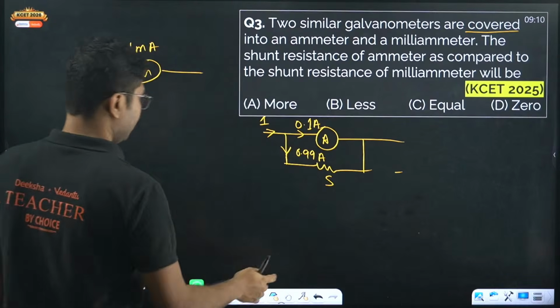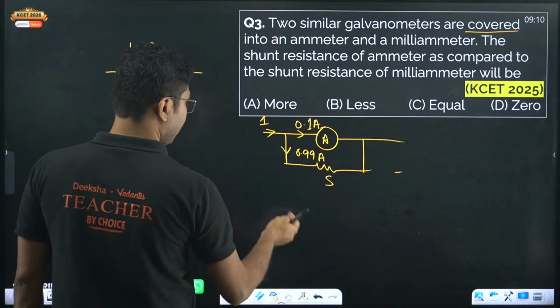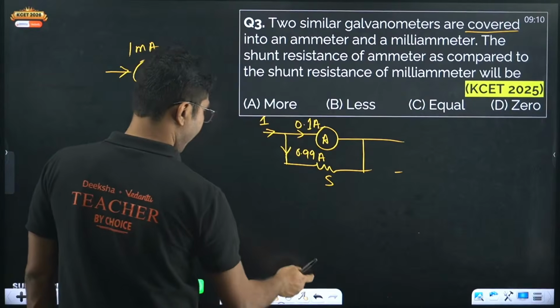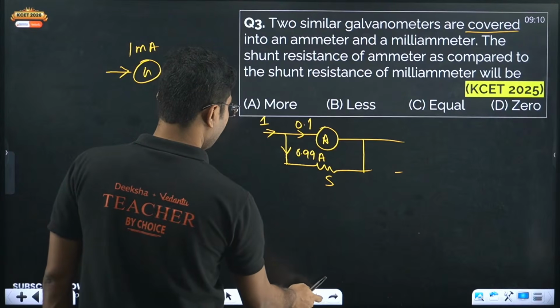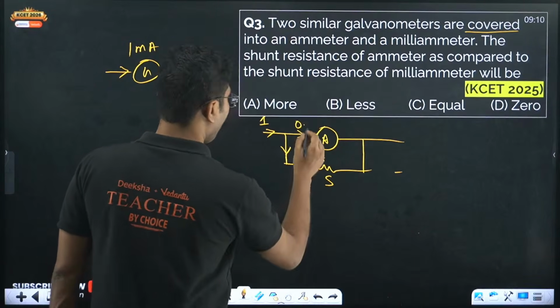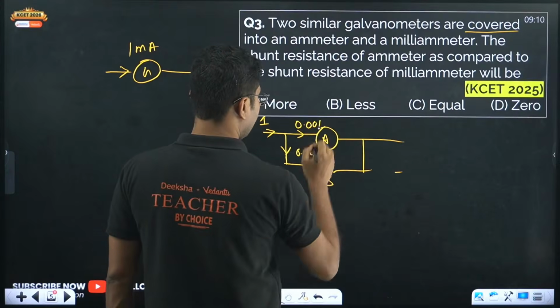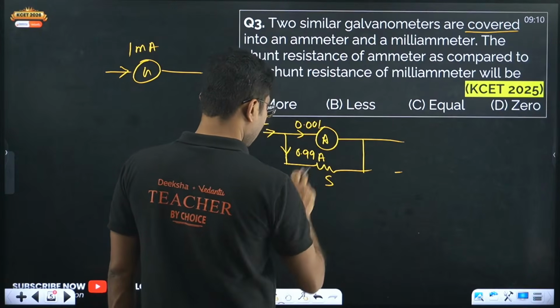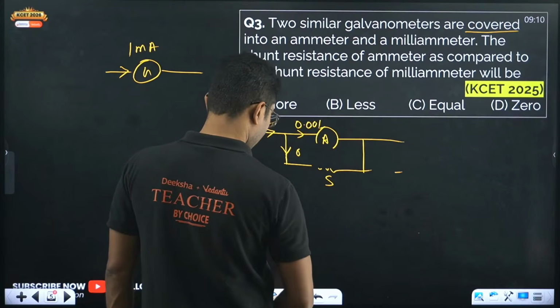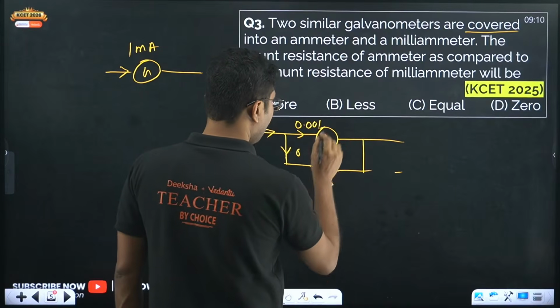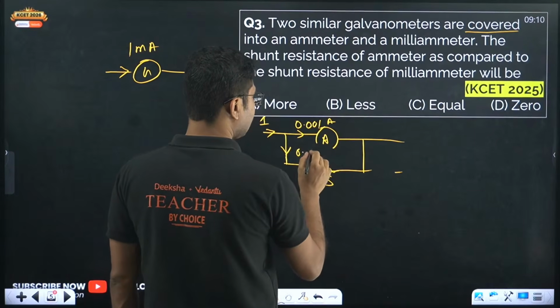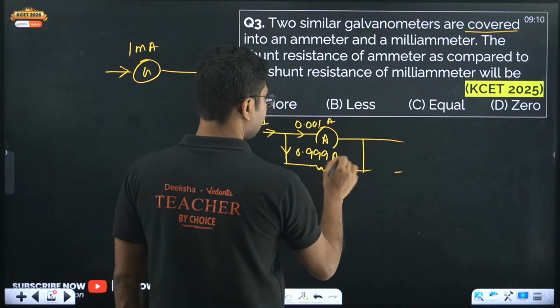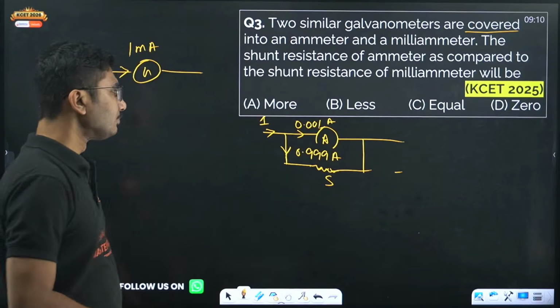So here 0.001 ampere is passing through the galvanometer, and 0.999 ampere is passing through the shunt resistance.